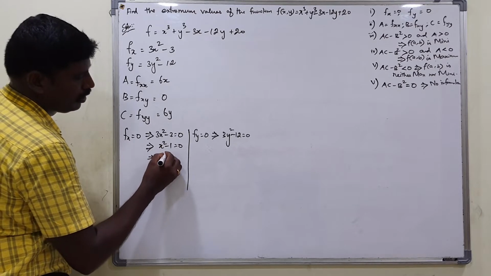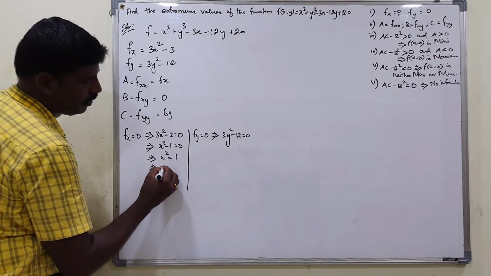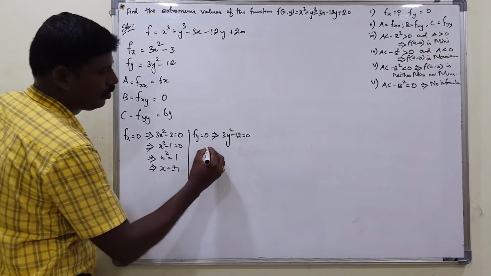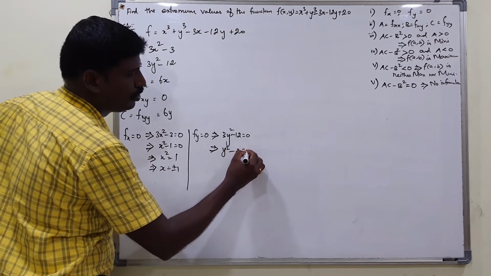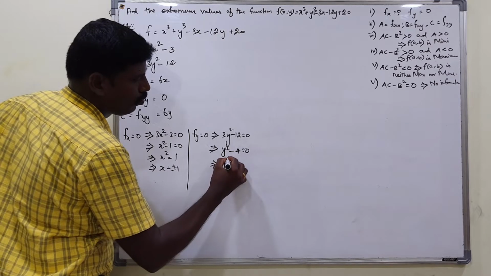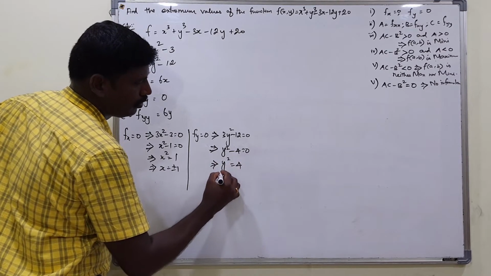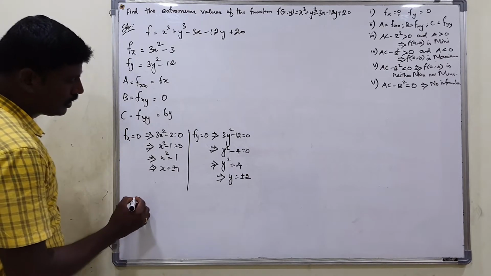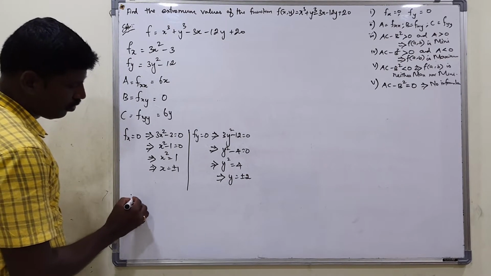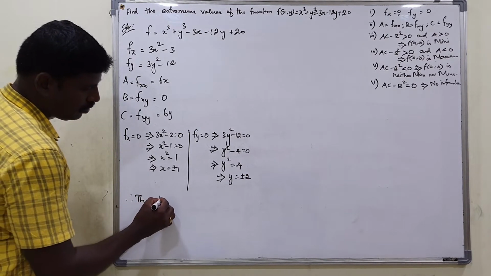This implies x square is equal to 1, so x equal to plus or minus 1. Dividing by 3, y square minus 4 equal to 0. This implies y square is equal to 4 and then y equal to plus or minus 2. So what are the stationary points?